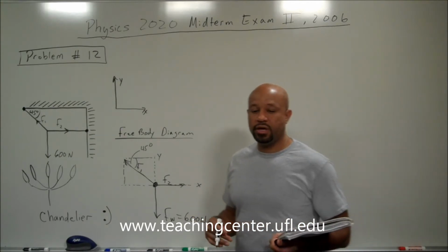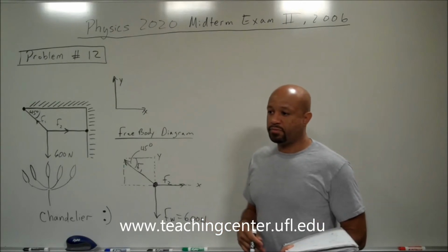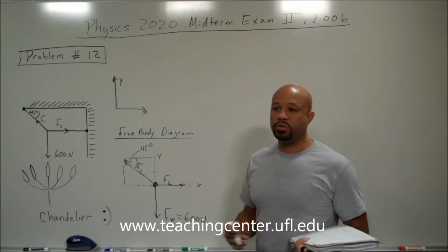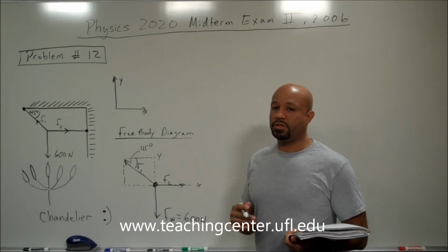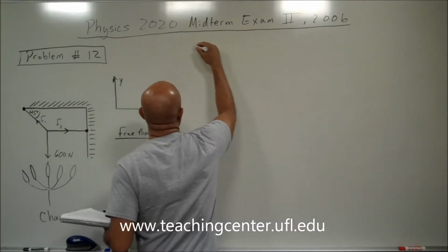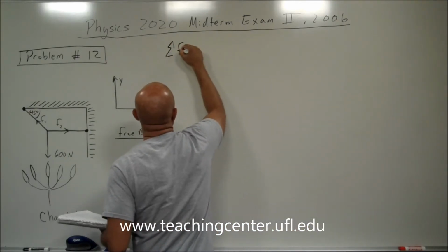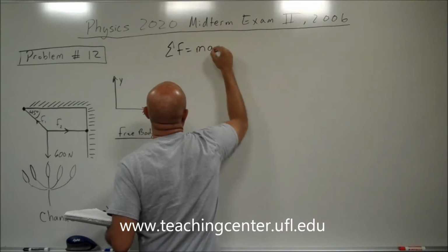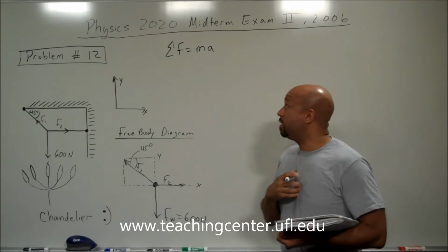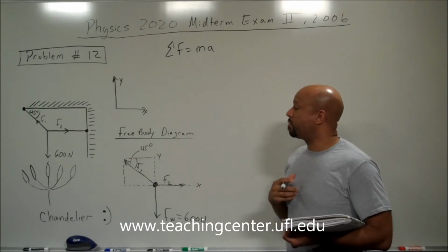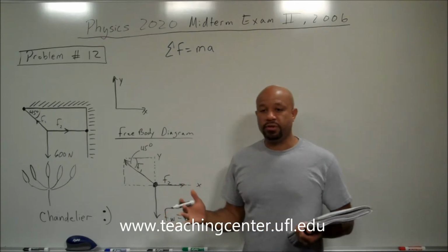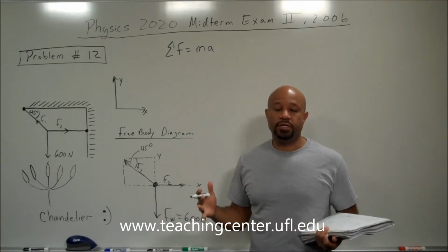Now, that's the first step. The next step is understanding from Newton's law that the sum of the forces is always going to equal mass times acceleration. Now, the important thing to know here is that if the object is not moving, then it has no acceleration.